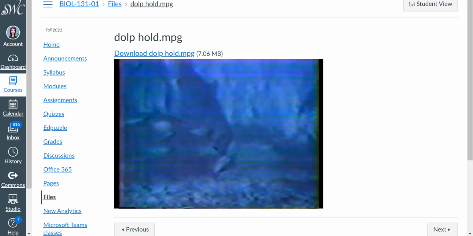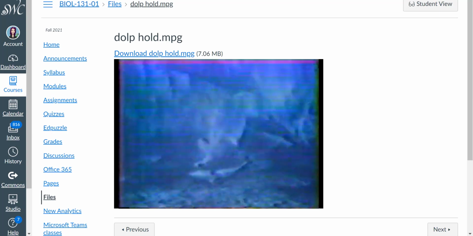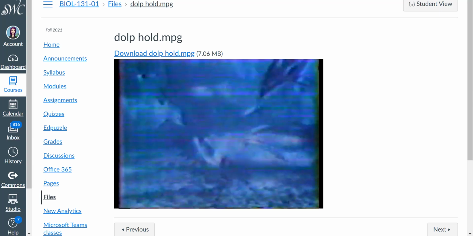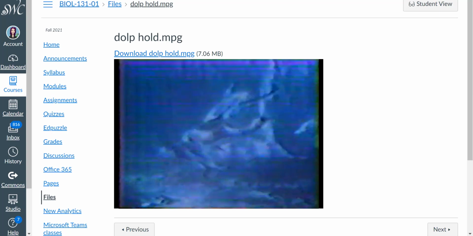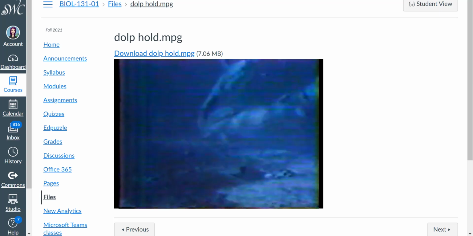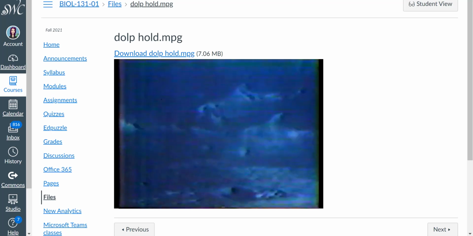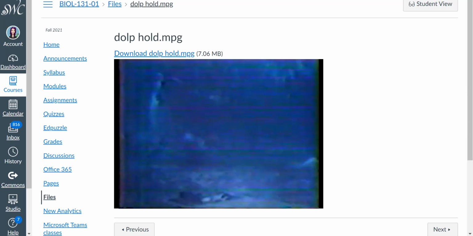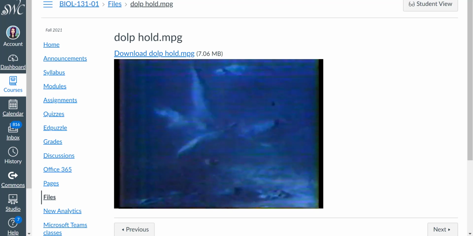Other porpoises and other gray dolphins arrive, and they begin interacting, swimming together, sometimes swimming into each other, sometimes colliding. And it's hard to see, but right here, the calf is able to swim towards the other porpoises and away from the dolphin.